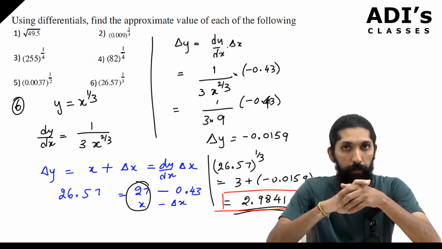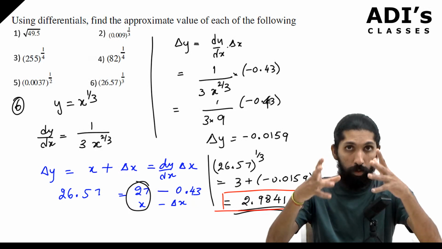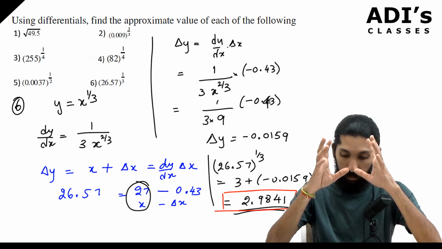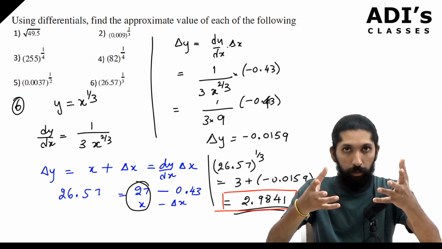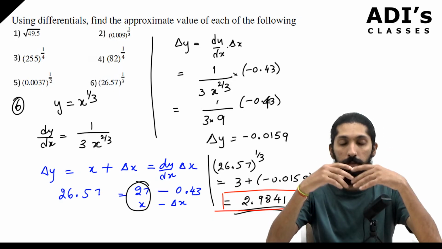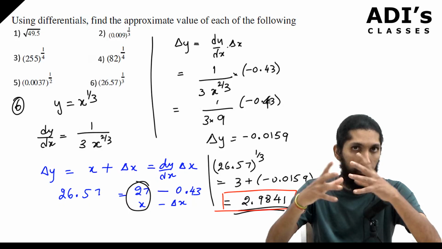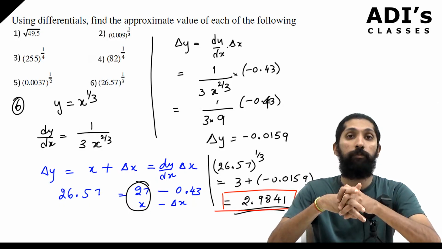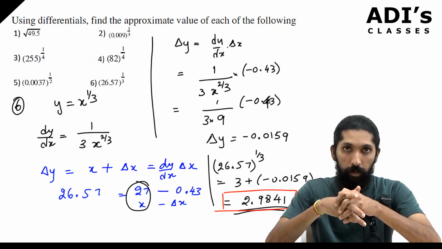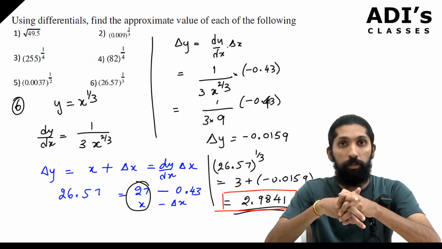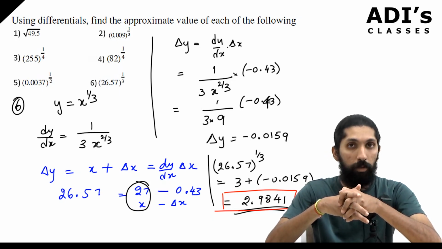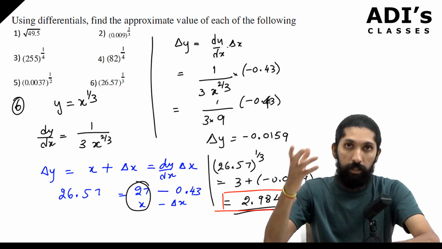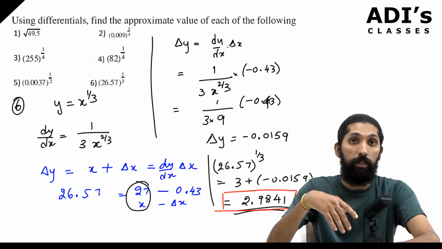The second aspect, which is pretty much common for almost all of them, is that whatever value you're going to calculate, the cube root, fourth root, fifth root, whatever, you are always finding the derivative, right? So these are the steps in solving these problems. In the next video, you will see another type of problem.